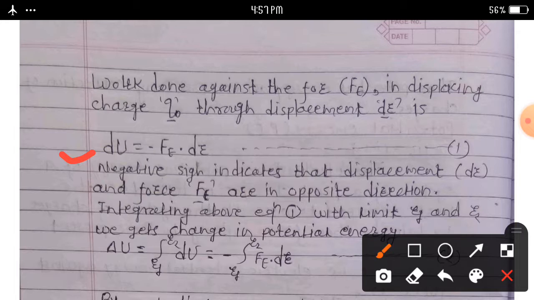Here the negative sign indicates that displacement dr and force F suffix E are in opposite directions.